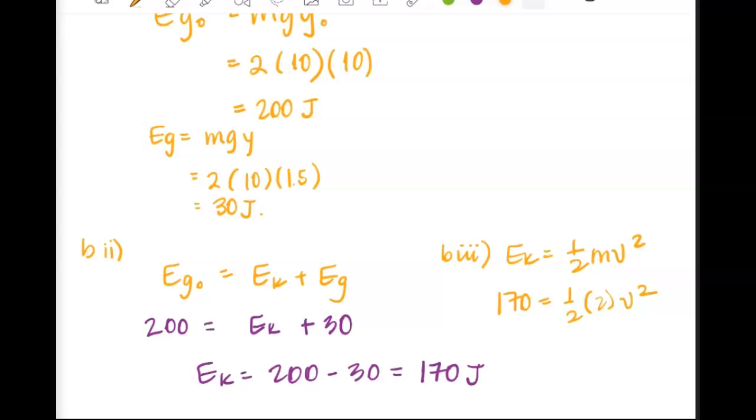And so I take the square root of 170. And remember, you get plus or minus when you take the square root of something. In this case, if I'm looking for the velocity, it would be negative 13.03. If I'm looking for the speed, you would just report the number, 13.03 meters per second. And that is all of question number 2.